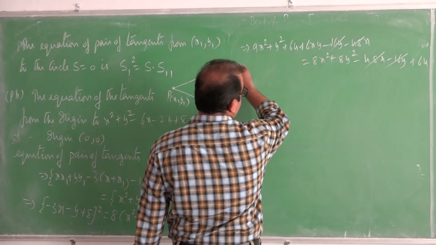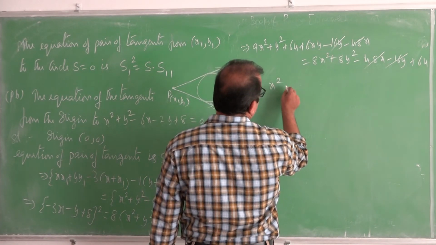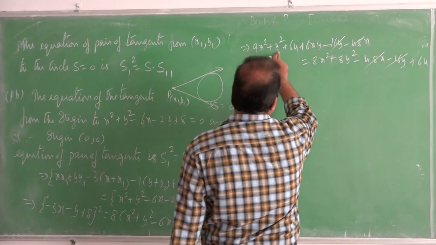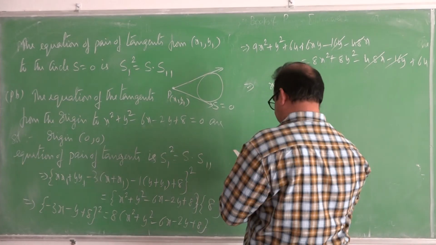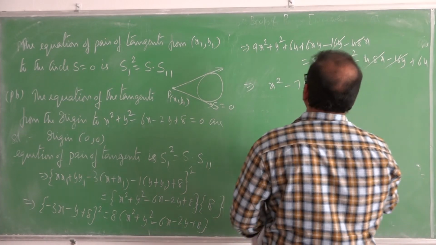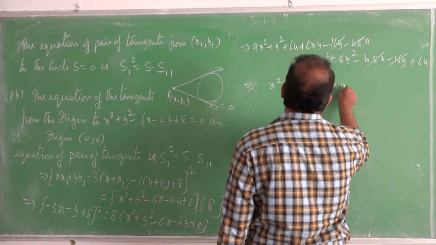Take these terms to the left hand side: 9x square minus 8x square, x square, plus y square minus 8y square, minus 7y square, plus 6xy.